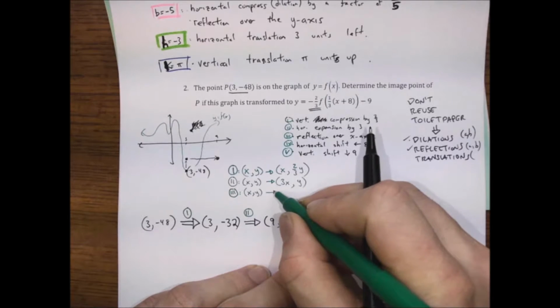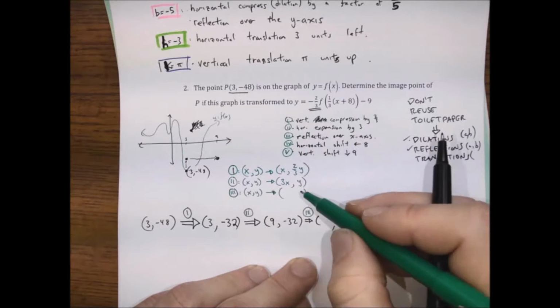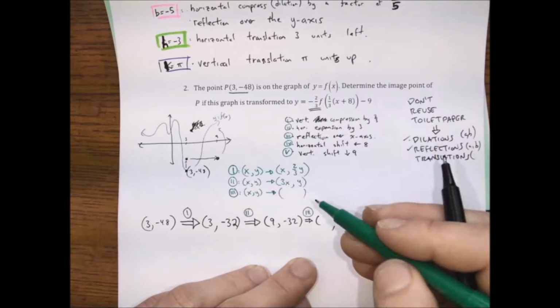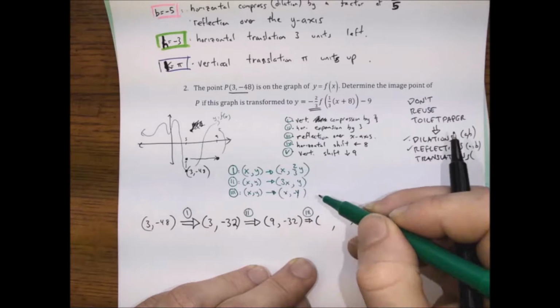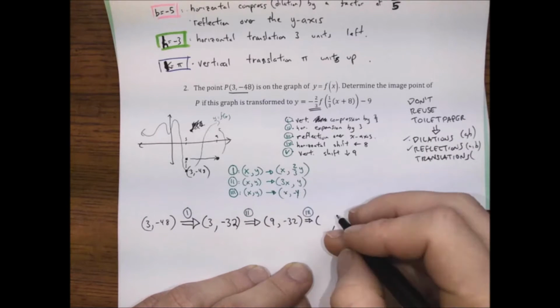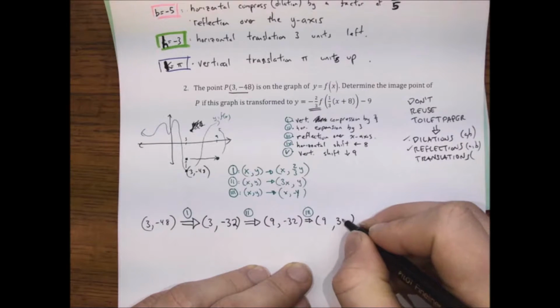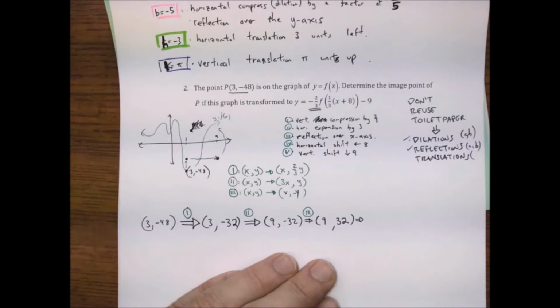Let me finish my thought there. I was distracted. It's going to become the value of reflecting over the x. And so that means that my x doesn't change. I have the point at 9, and instead of -32, it's going to go to +32. Okay, getting there.